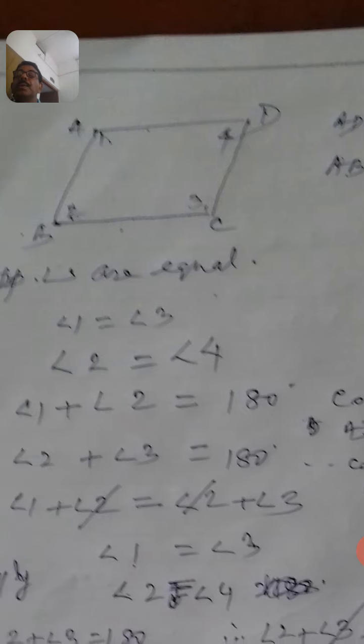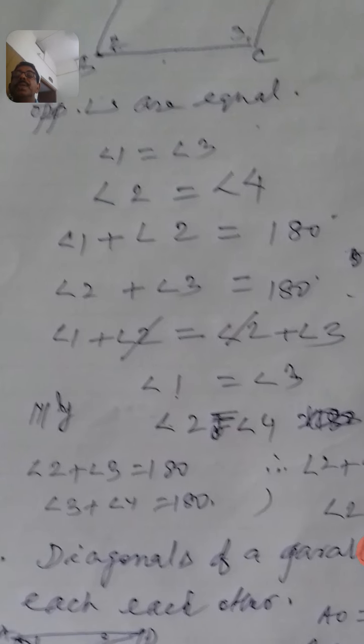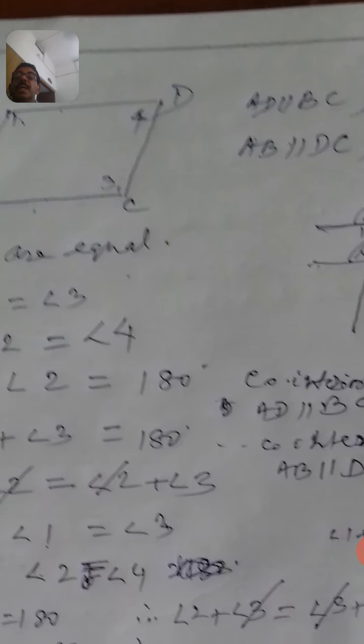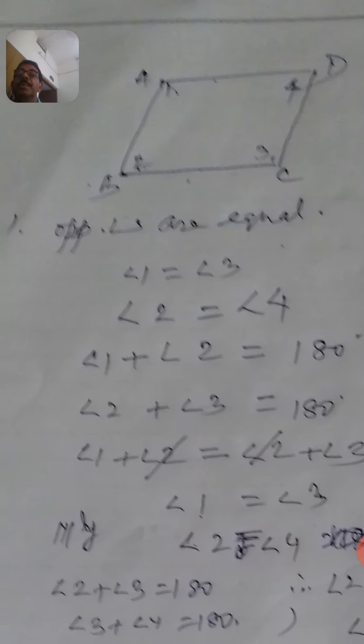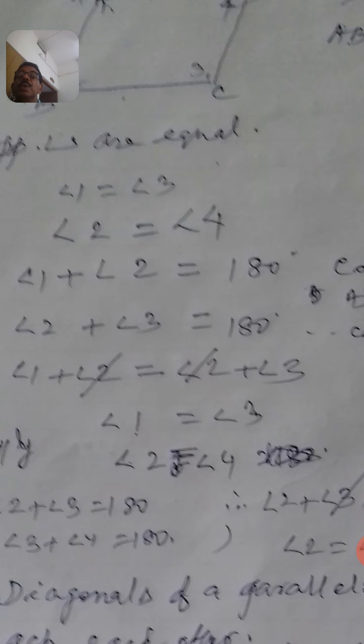So here AD is parallel to BC and AD is equal to BC. Similarly, AB is parallel to DC and AB is equal to DC. So opposite sides are equal and parallel.